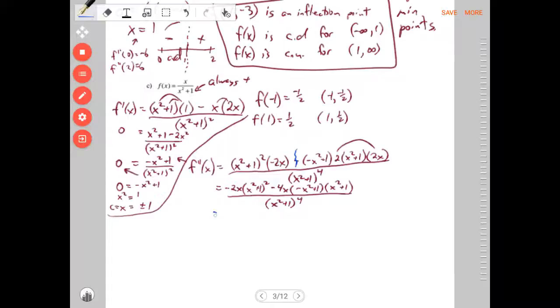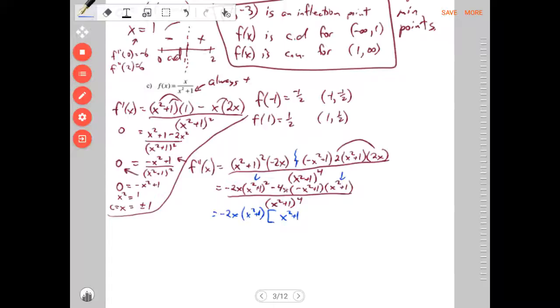So if I factor out negative 2x, now look what else they have. Each side has an x squared plus 1 squared. This has an x squared plus 1. So each one has an x squared plus 1 that I can factor out as well. Okay, remember we put square brackets around for those. Okay, so we factored out the whole 2x, and we factored out one of the x squared plus 1s. Okay, so that's still there.